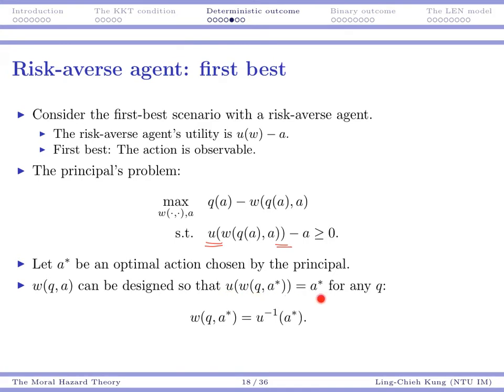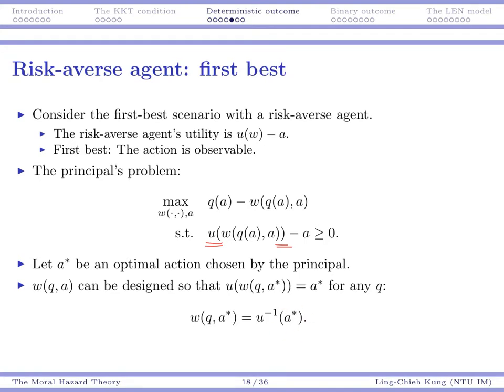This equation is to make sure that the agent's utility is non-negative for any Q. But actually, Q is deterministic on A, so it doesn't really matter. Or write this in another way: the payment should be just the inverse function of U with respect to A star.